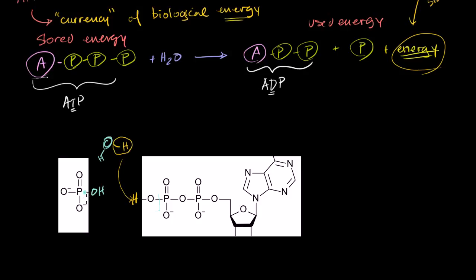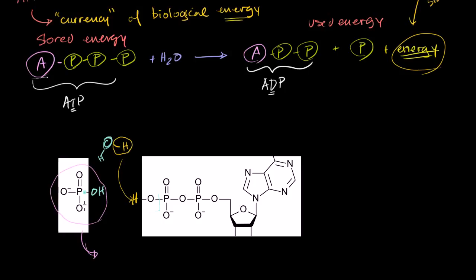The other reason why, and we'll talk about this in a lot more detail when we learn more about organic chemistry, is that this has more resonance structures, or resonance configurations. And all that means is that these extra electrons here can move about between the different atoms. And that makes it even more stable.